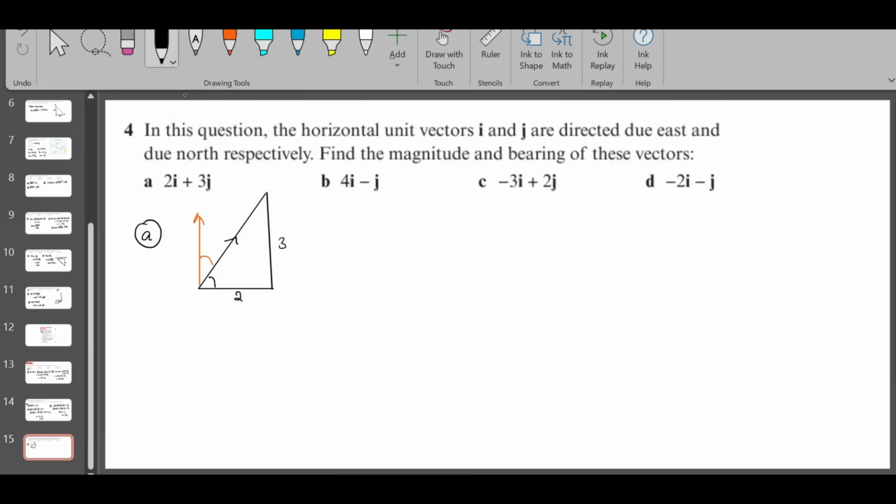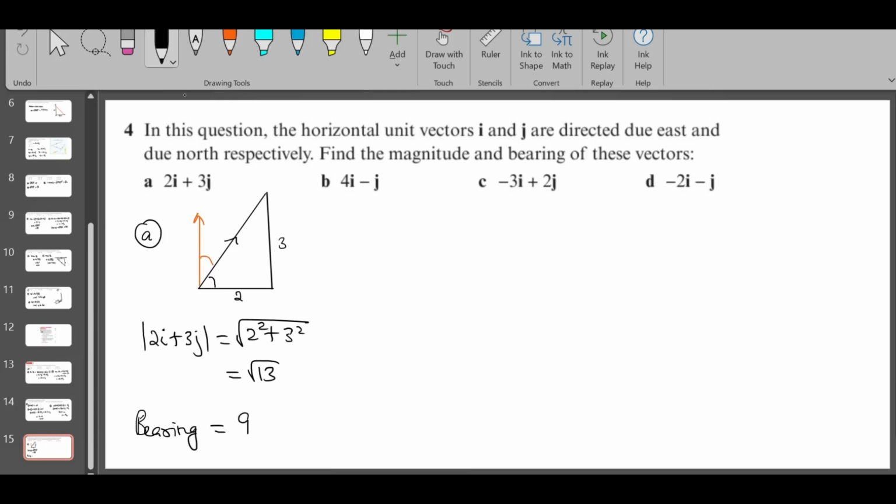So we are going to find the inside angle first and subtract from 90. First, magnitude, modulus of 2i plus 3j is square root of 2 squared plus 3 squared, which is 4 plus 9, square root of 13 is the magnitude. Unless they want you to change it to a decimal, otherwise keep it as it is. Now the bearing.